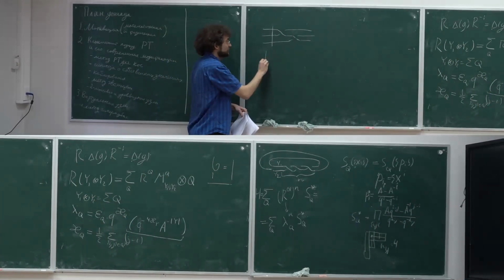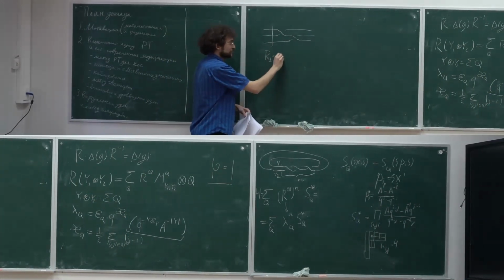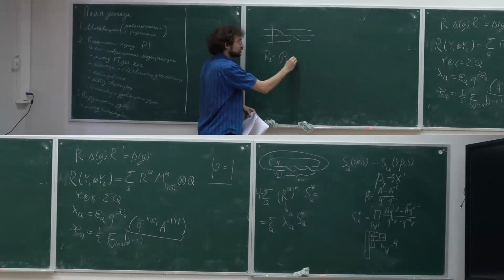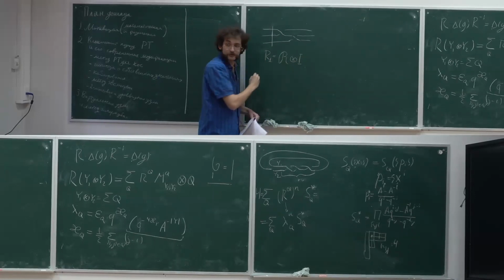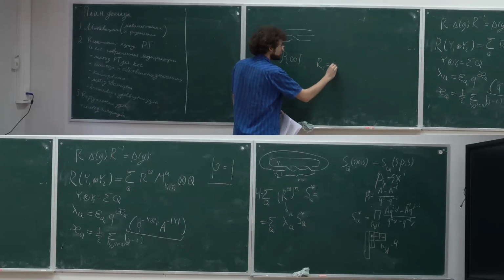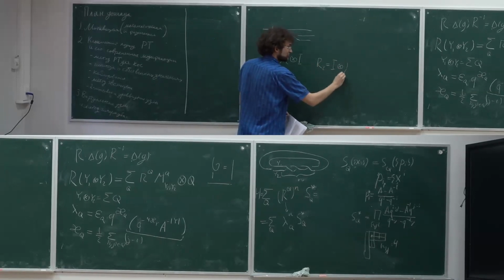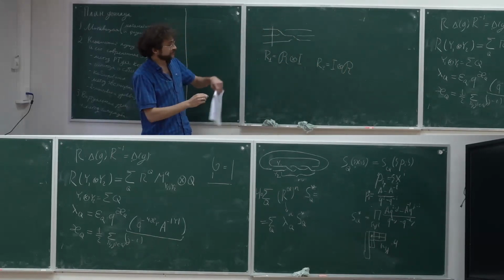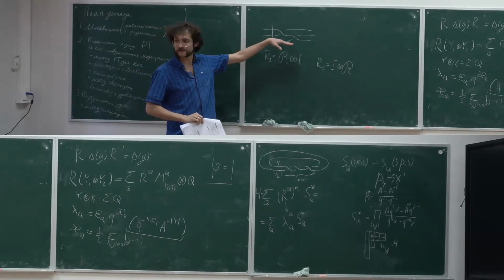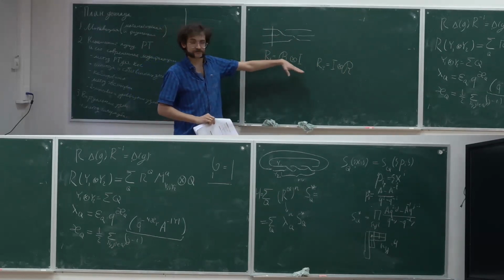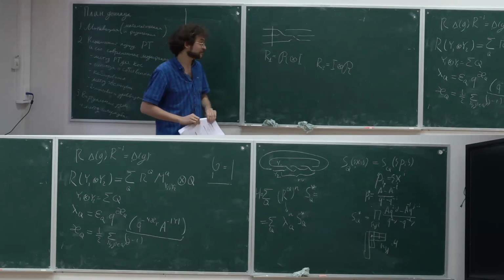So I have the matrix R1, which corresponds to the R matrix acting on the first pair, and just the identity operator acting on the third one, and matrix R2, which corresponds to the other way around. And I can continue this picture to any number of strands I want. So I'll get some elements of the braid group corresponding to these matrices.